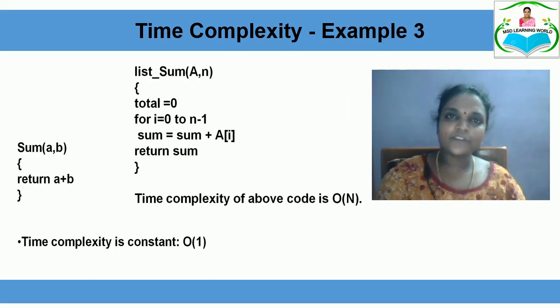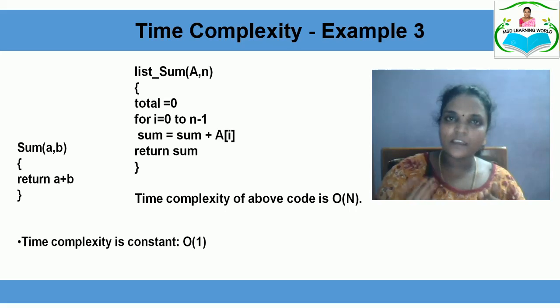Here we have some function definitions. The first function definition is sum, and it returns the added two values. So the time taken to execute this function is order of 1. You don't have any iteration, so the time complexity is order of 1.